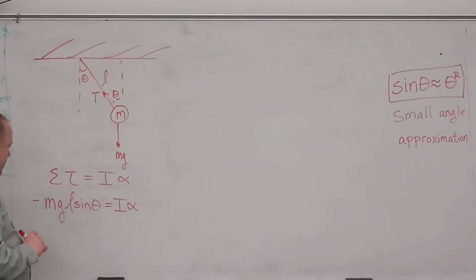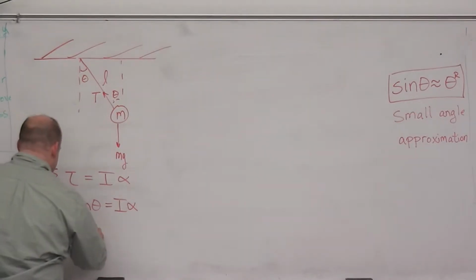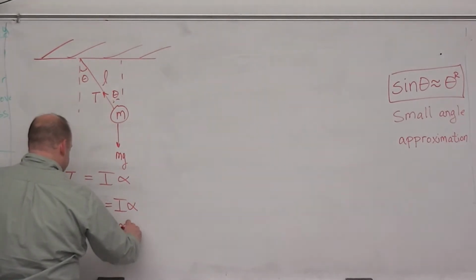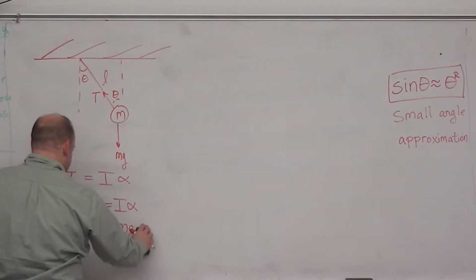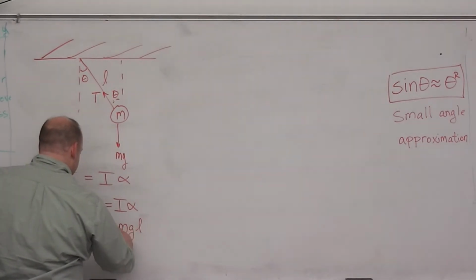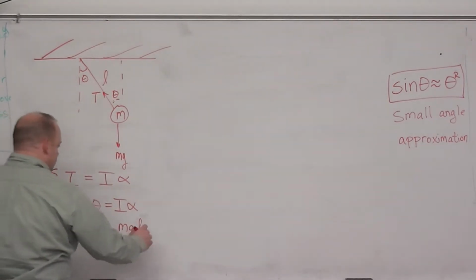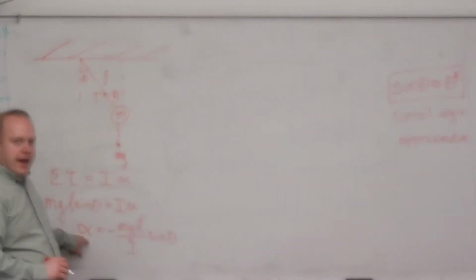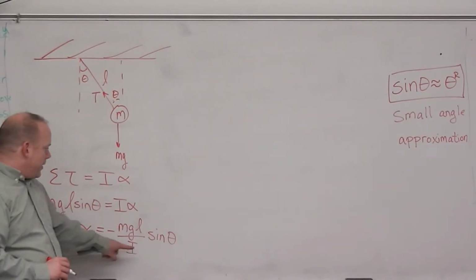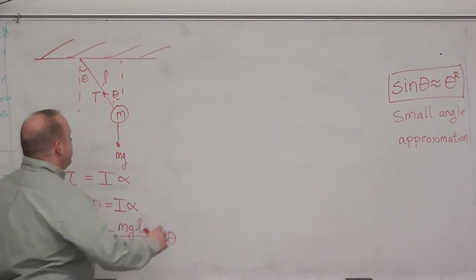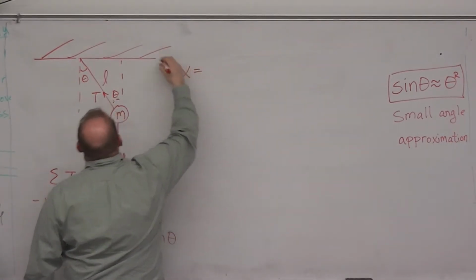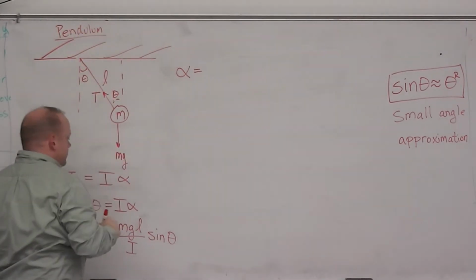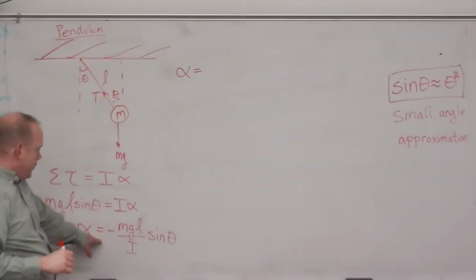Well, let's make use of that small angle approximation then. Okay, I have here alpha is equal to negative mgL over I times the sine of theta. This doesn't help me out a whole lot. But when I say sine of theta is equal to approximately theta, now I can say for a pendulum, now this is a general pendulum mostly.